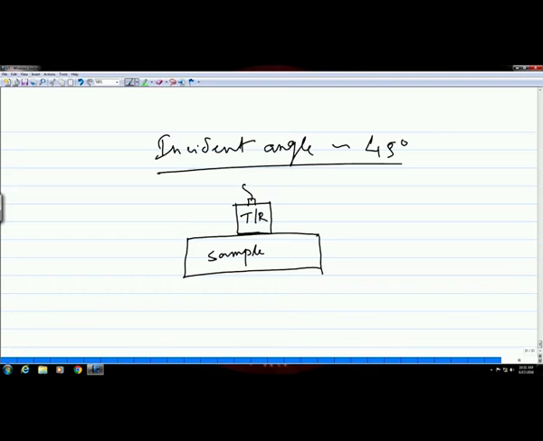So, the waves will be going into the sample, but at this interface, as you could realize, there is an air gap. Okay. And if this air gap exists, then there will be a decrease in the intensity of the waves, or there will be attenuation okay, into the air.